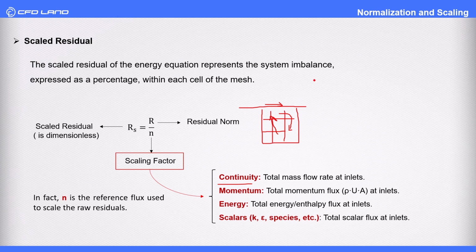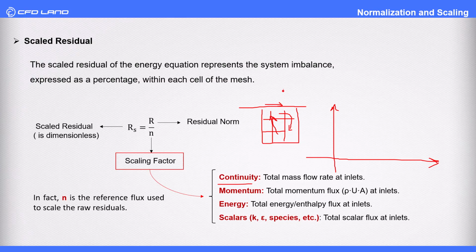So, instead of scaling, you need normalizing. How do we normalize? Well, pretty easy. We divide the residuals by the maximum residual in the first 5 iterations.